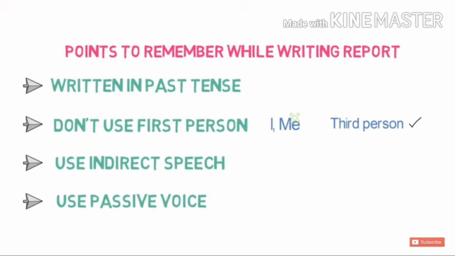We try to use third person. Then the third one is we use indirect speech while writing any report, and the fourth one is we use passive voice. So students, these were some important points which you should keep in your mind.